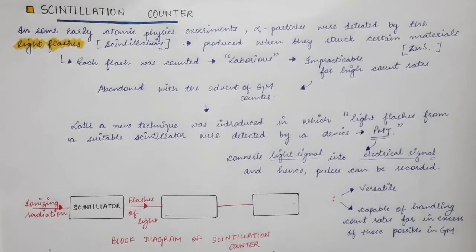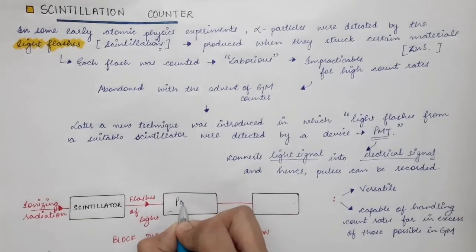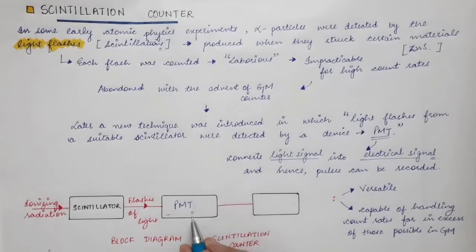Now let's see what is the block diagram of a scintillation counter. There is a scintillator. The ionizing radiation enters the scintillator and this scintillator produces flashes of light. Every particle in this ionizing radiation transfers its energy to the atoms or the molecules of the scintillator, by which they go to the excited state, and when they return to the ground state, flashes of light are emitted, and these flashes of light are made to enter the PMT, the photomultiplier tube.